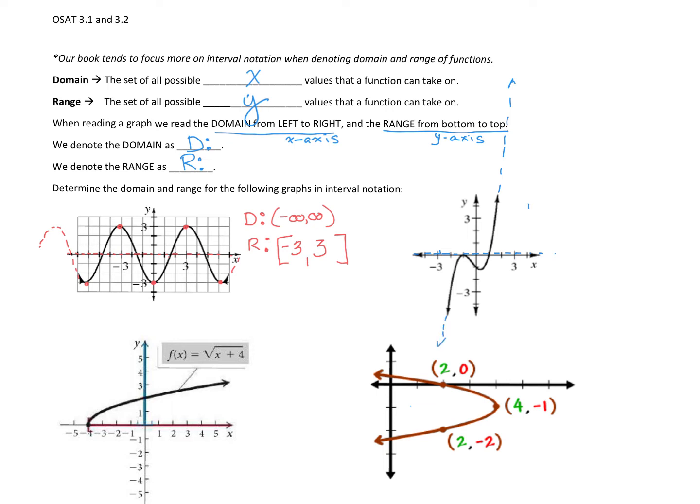So here, our domain is also -infinity to infinity. And our range would be the y values that the function would take on. Since it goes up forever and down forever, our range in this case is also -infinity to infinity.